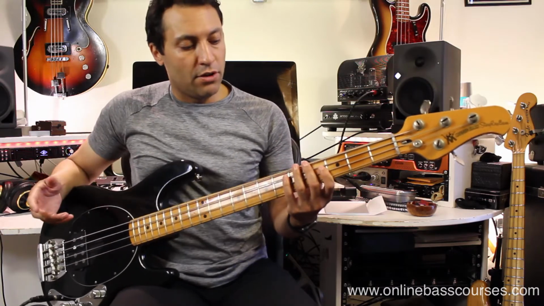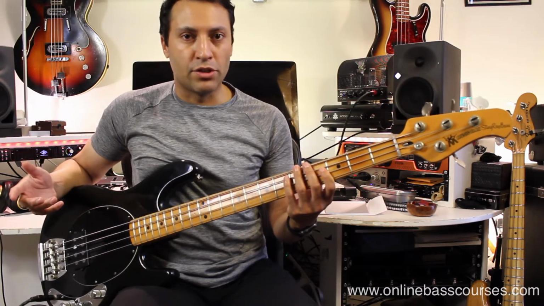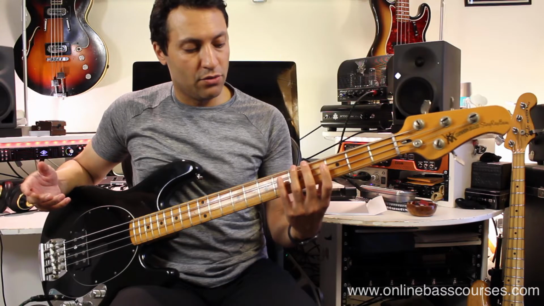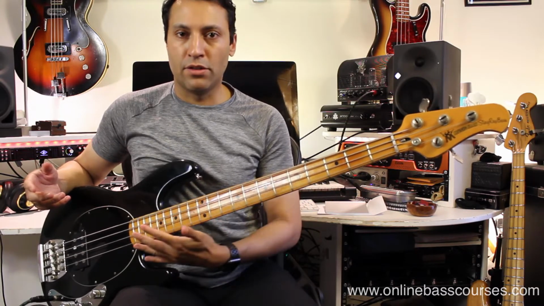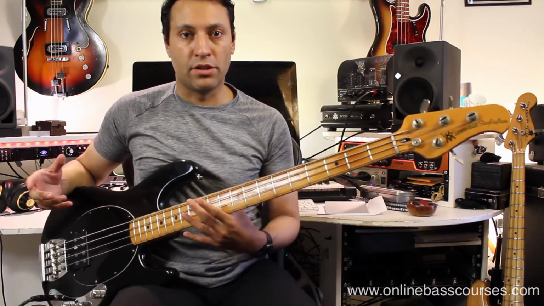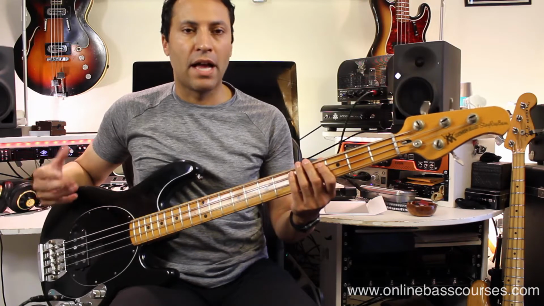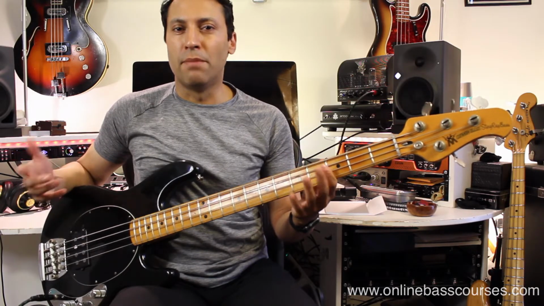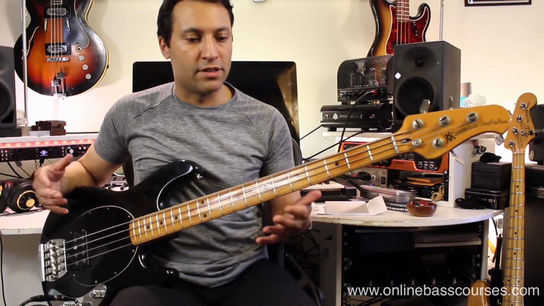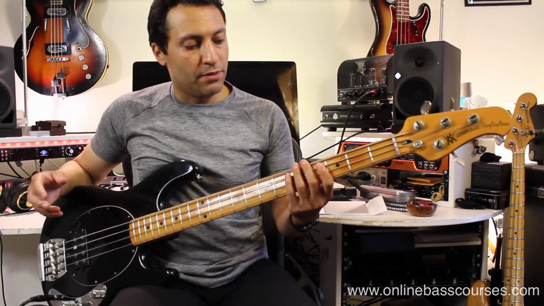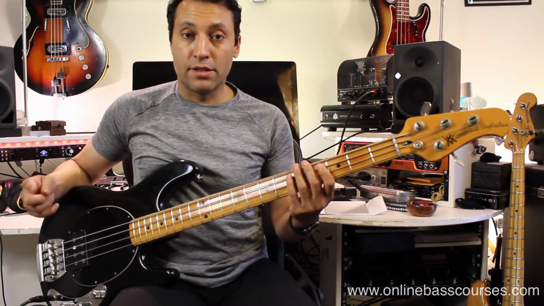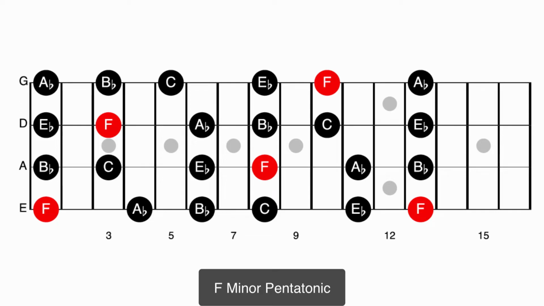This came from a question from someone, because they knew all 5 major pentatonic shapes, and they were wondering how you would find the minor pentatonic and how that works, and is it a different scale? Well, if you look at this diagram here, just look at these front notes.